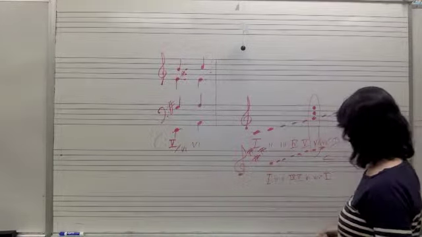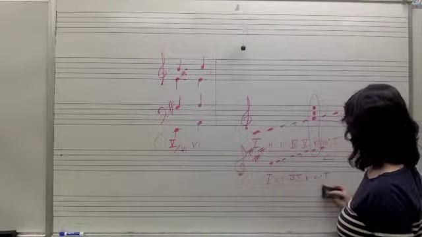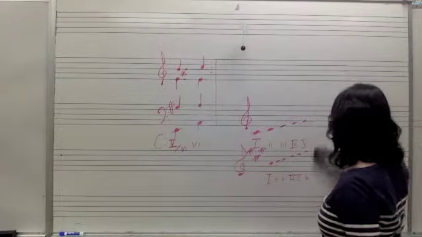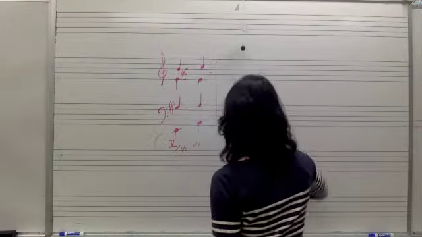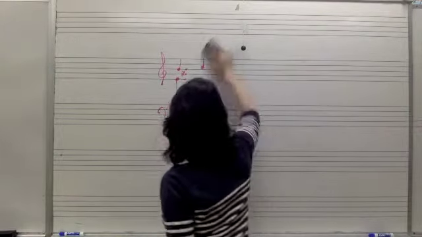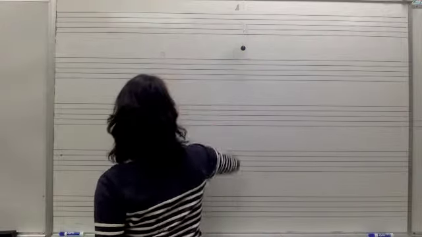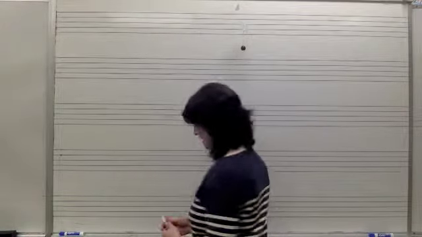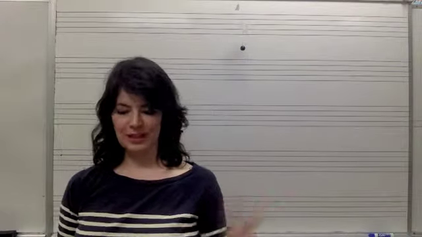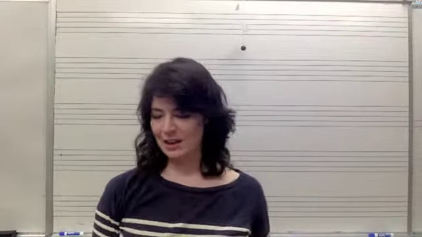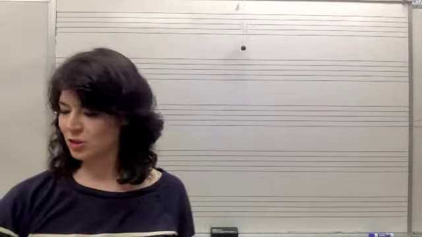I hope that this is not too mind-blowingly difficult. If you don't totally get it, I'm happy to go through things and help you. Mainly, when you're looking for these, is when you are suddenly finding an accidental in a chord that shouldn't be there.